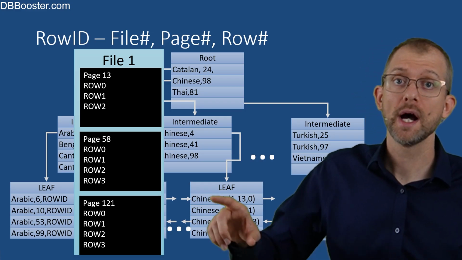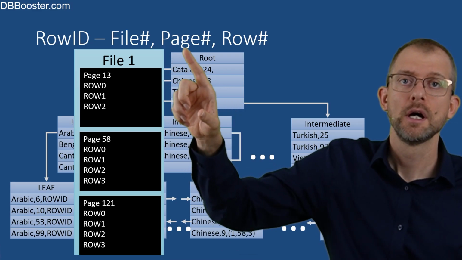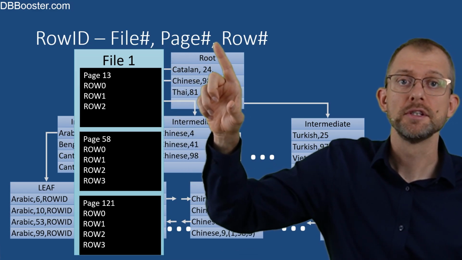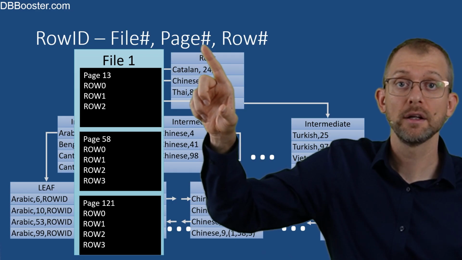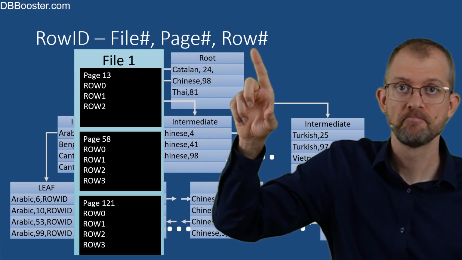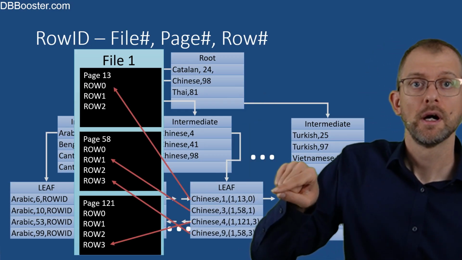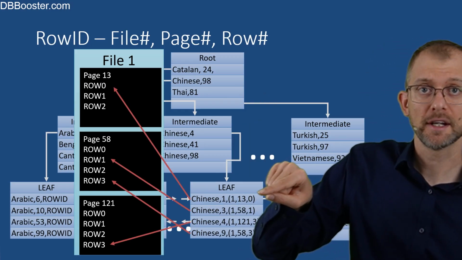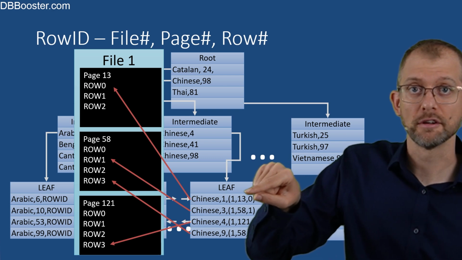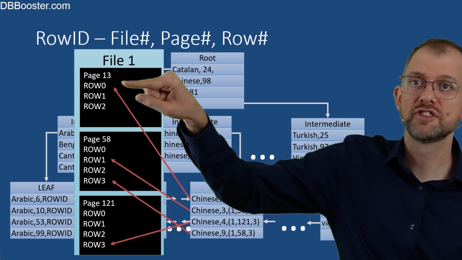In my case, the ROWID encodes the file number in the database, the page number within that file, and the row number on that page. For example, in this leaf, the first index row points to file 1, page 13, row 0.